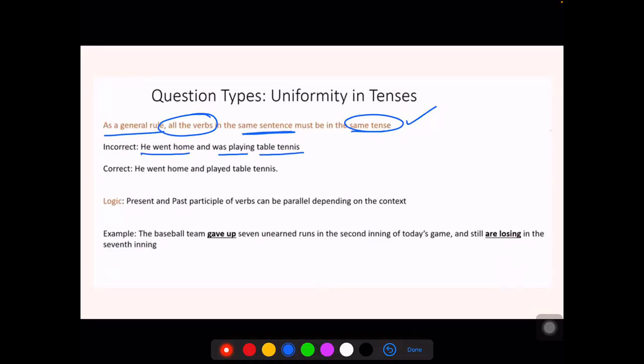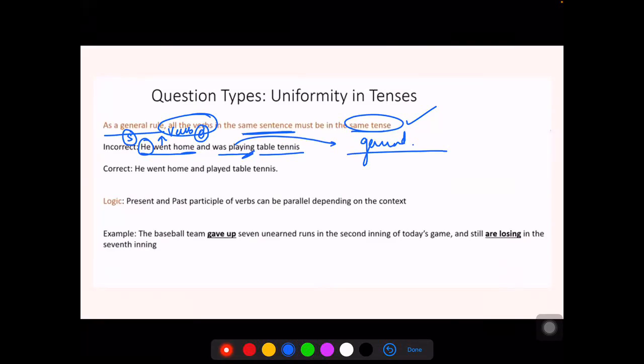He went home. You can see I have used 'went' as a verb. He is a subject and home is an object, right? So definitely here 'was playing' was used. That is, playing is a gerund. Not required because it's not making a parallel structure.